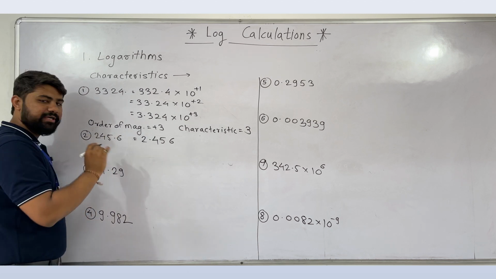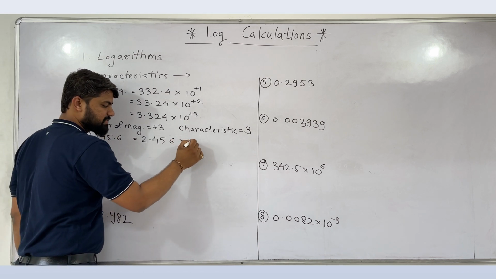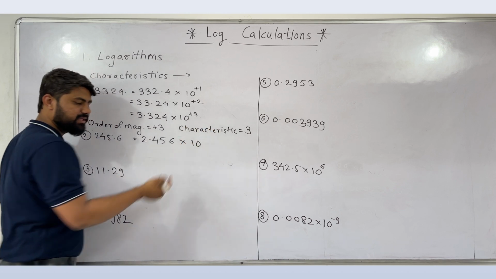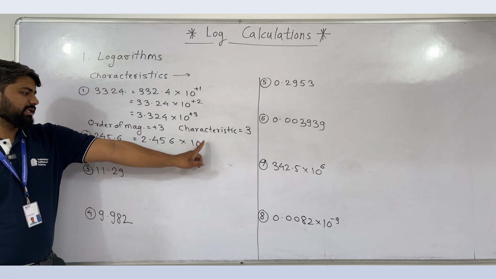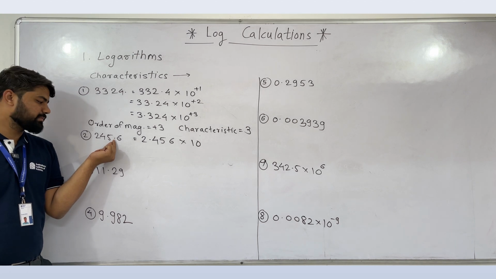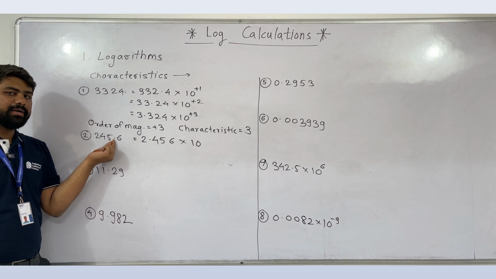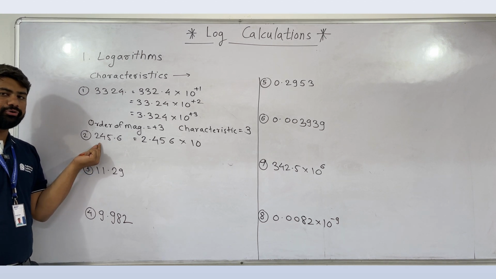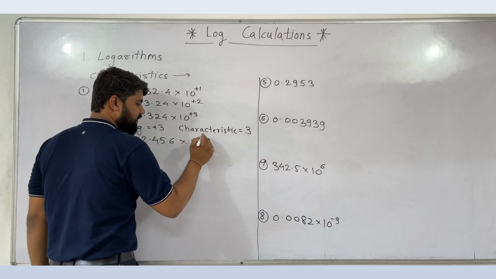But for equality to be maintained, we have to multiply this number by 10 raised to something. So, what we will multiply this with? See, we have shifted the decimal point by 2 places, 1 and 2. So, we will write here 10 raised to 2.